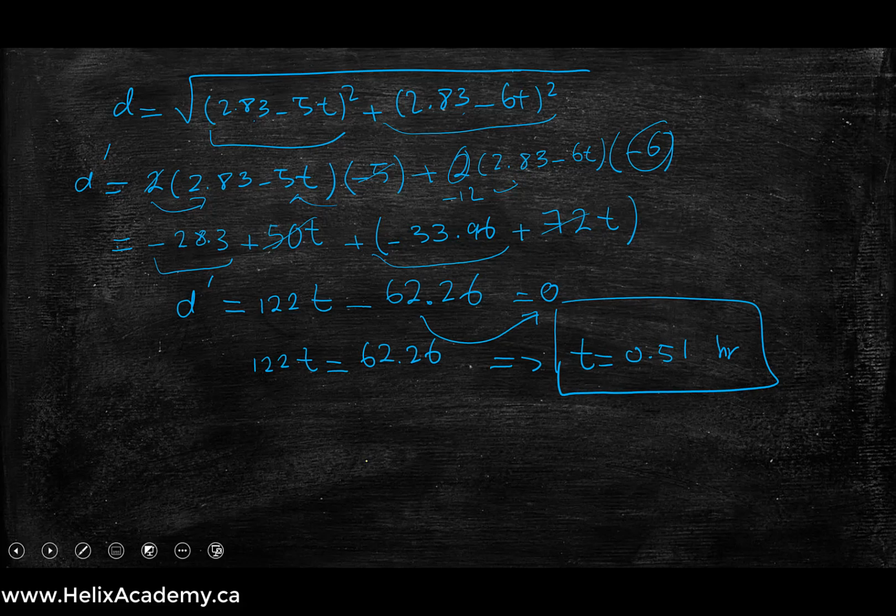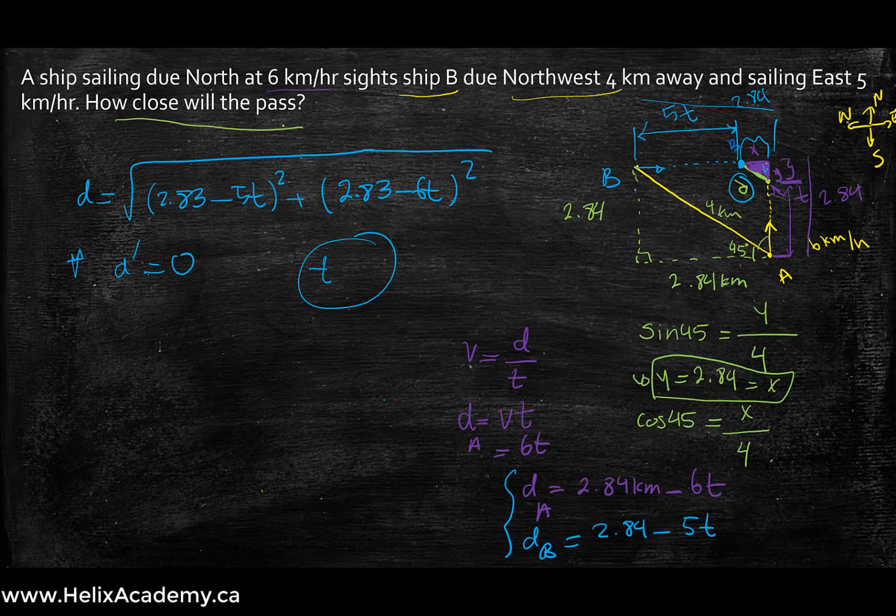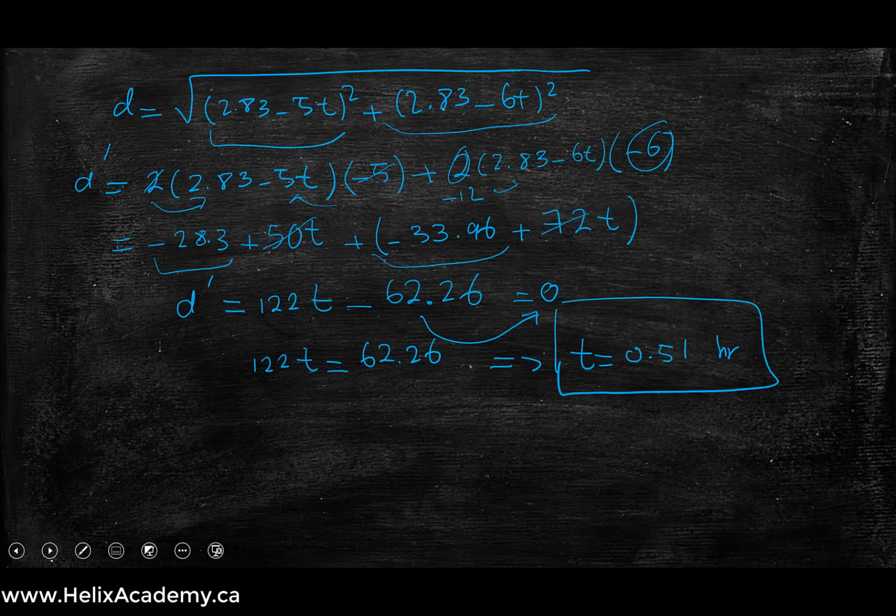the question was asking us how close will they pass. So they're looking for the distance here. Now, since d is equal to the square root of x squared plus y squared, all I need to do is find what dA and dB are, by substituting t in them. And then once I have that, I'm going to substitute that back into my d equation and find d. Now, let's do that.